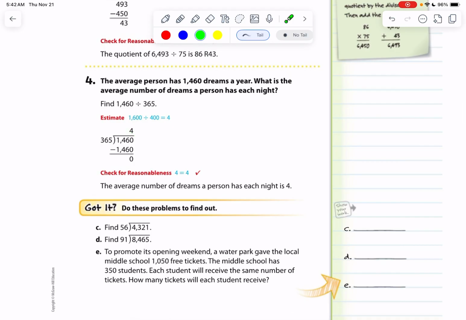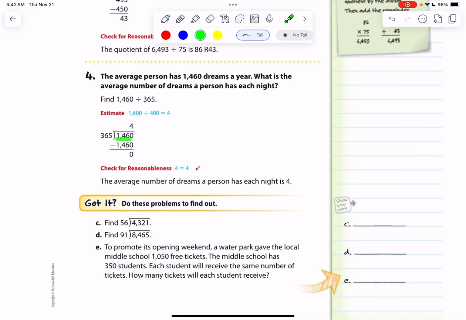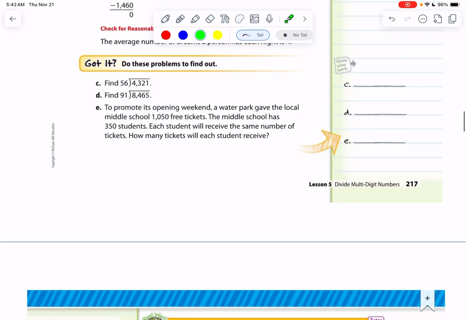Does 365 go into 1? Nope. Into 14? Nope. Into 146? Nope. So they had to do 365 into the whole number. And they just used their estimate and happened to be right on. So let's try these ones down here.